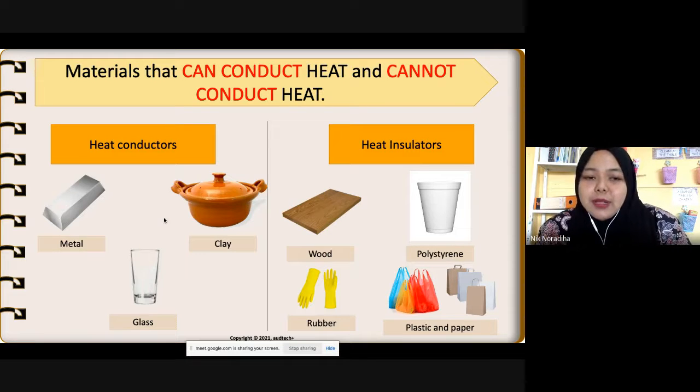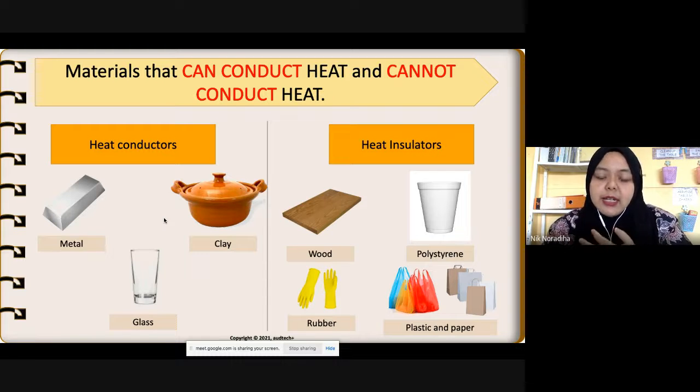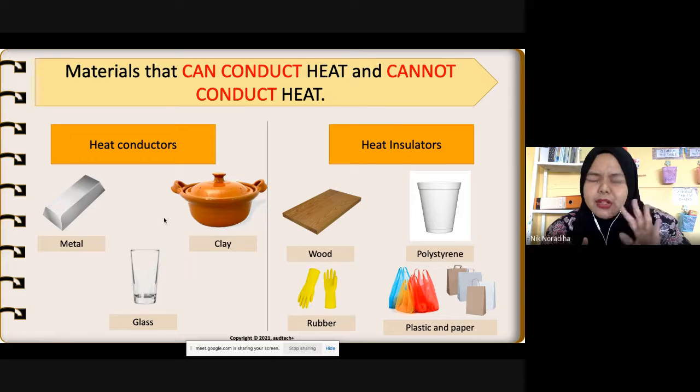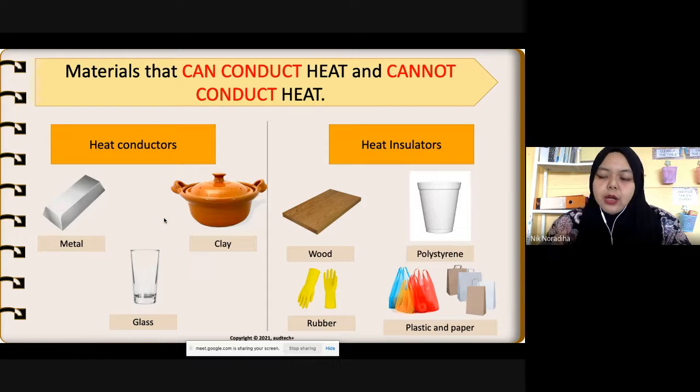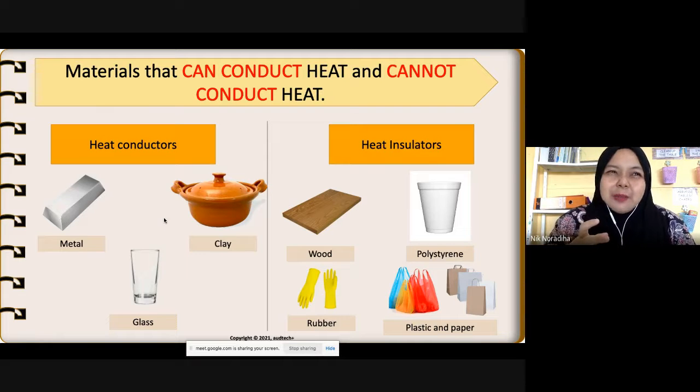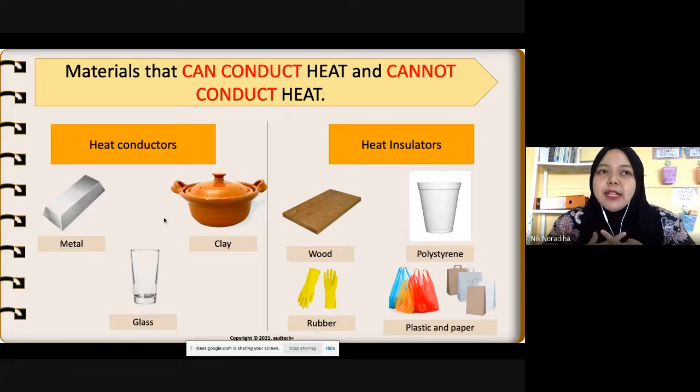How about heat insulators? Heat insulators cannot conduct heat. For example, wood, polystyrene, rubber, plastic and paper cannot conduct heat. If you want to hold a glass of hot water and your fingers cannot stand the temperature of the glass, you can take a towel or paper, or any glove made from rubber or cloth that your mom uses in the kitchen to hold the glass.